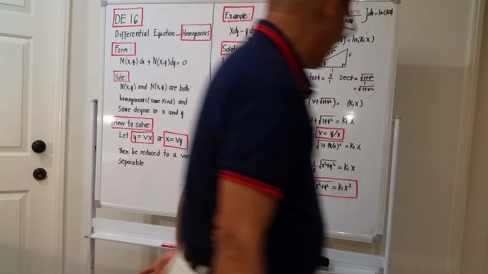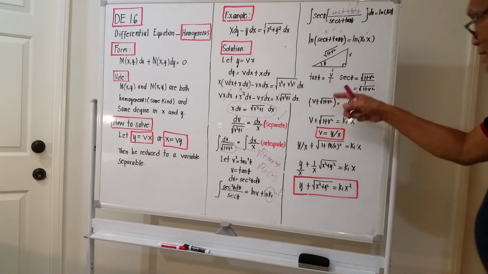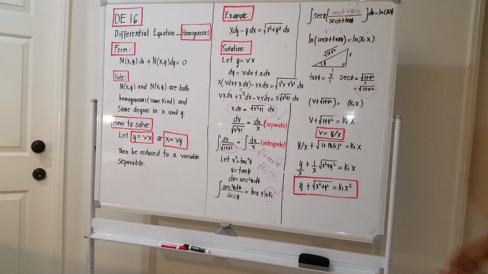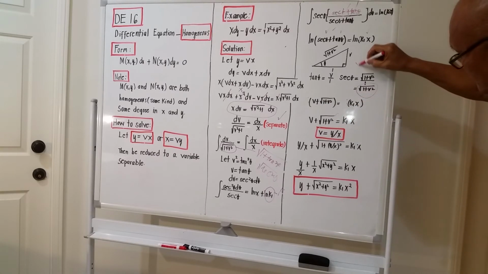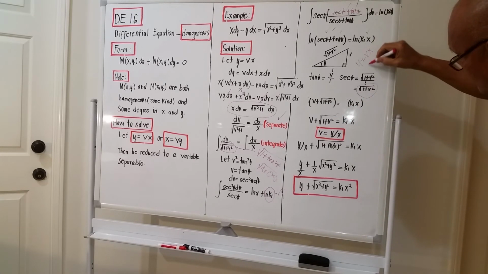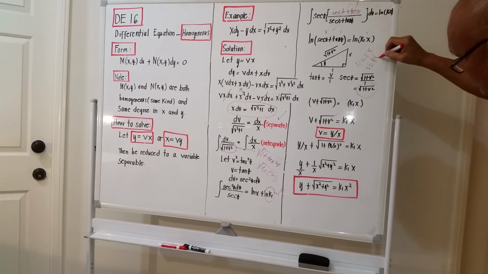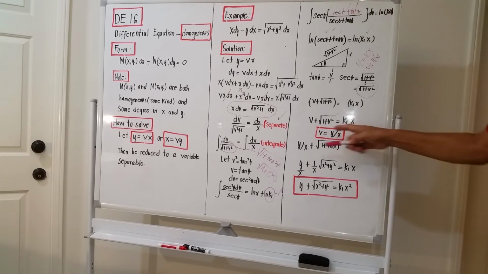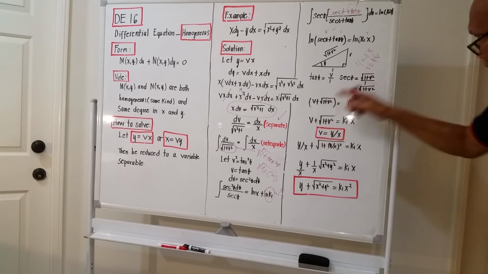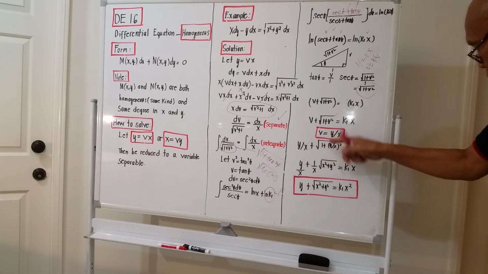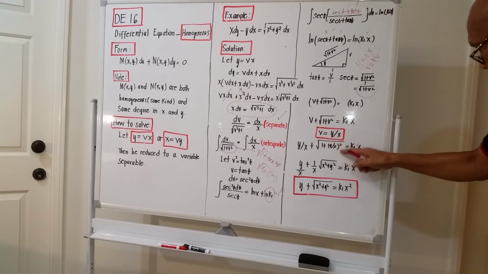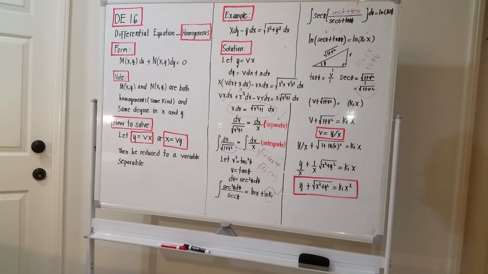But what is v? Because the original variables are x and y, right? From the relation y equal to vx, v will be equal to y over x. We will replace all values of v by the ratio y over x. So this should be y over x plus the square root of 1 plus y over x quantity squared equal to k1x.